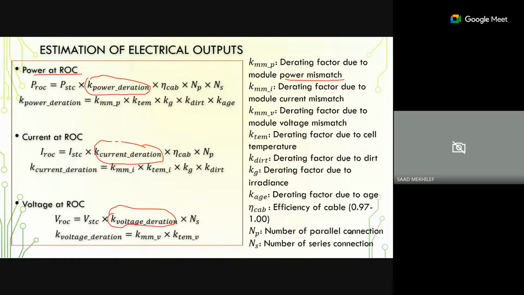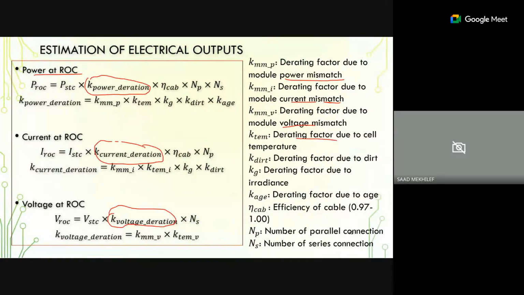The assumption is that they are 100% the same, right? But in reality, it's not. You may have one module where the open circuit voltage is maybe 5.6, another one is 5.3. There is a 0.3 difference. This is what's called derating due to mismatch. Derating due to power mismatch. Also, there is the current mismatch, and derating due to the voltage mismatch.